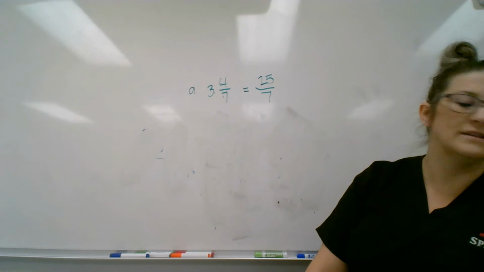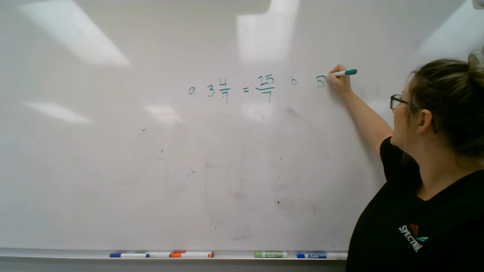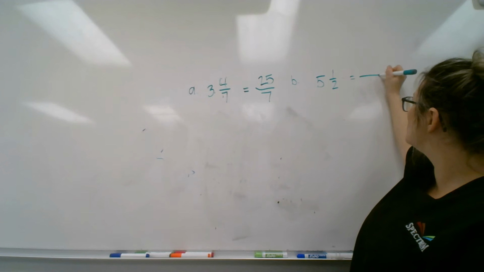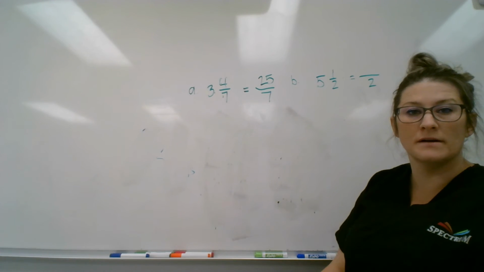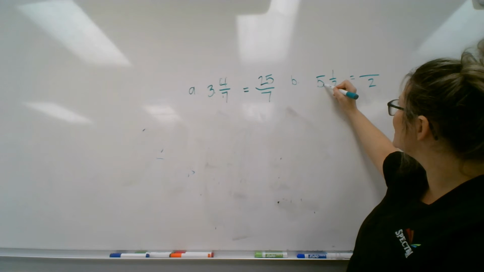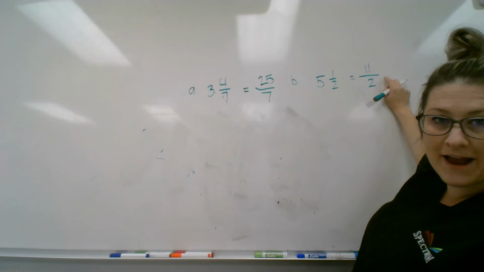Okay, let's go ahead and look at B. 5 1/2 is equal to, I'm going to keep the same bottom number. To get my top number, 5 times 2 is 10, plus 1 more is 11. That's my new improper fraction.